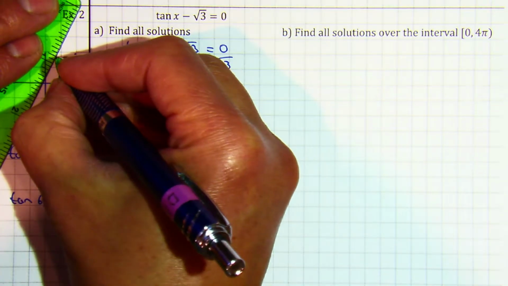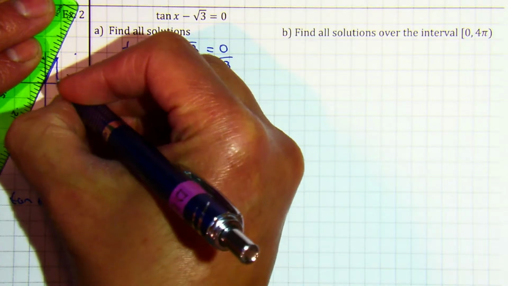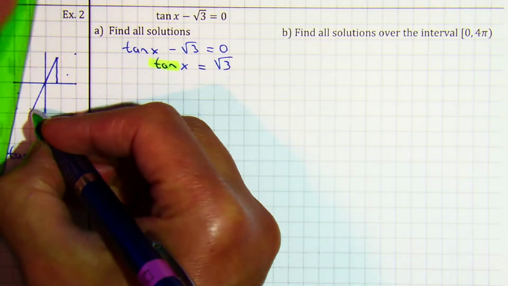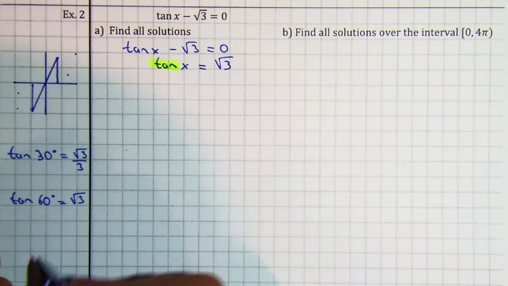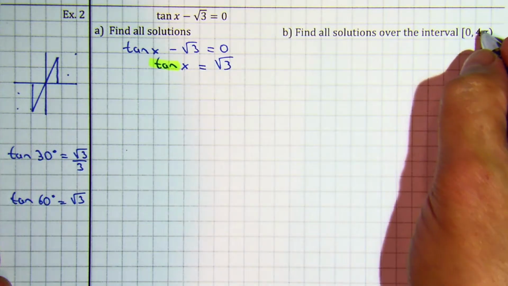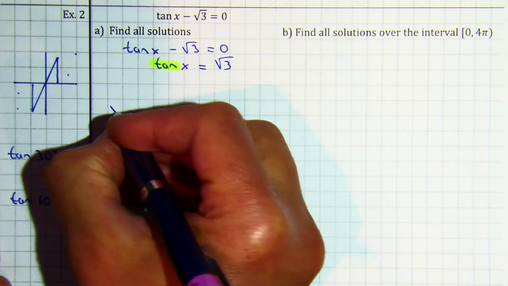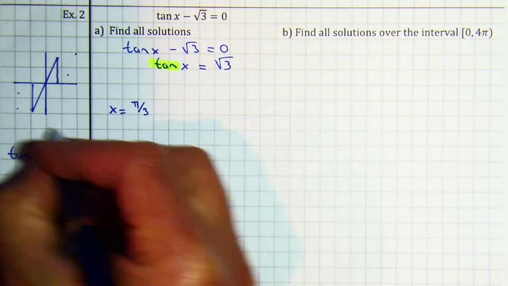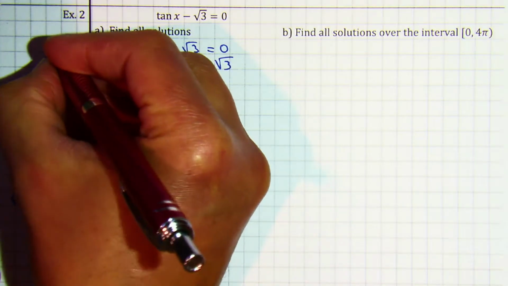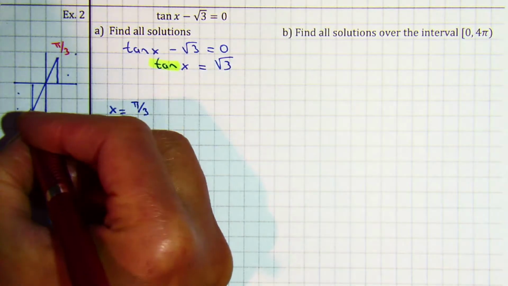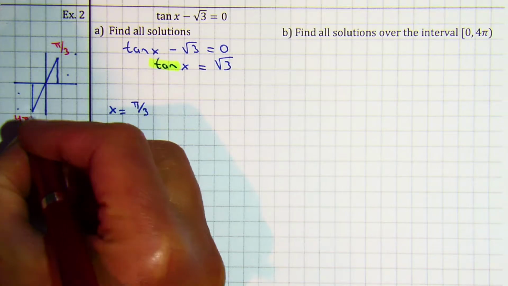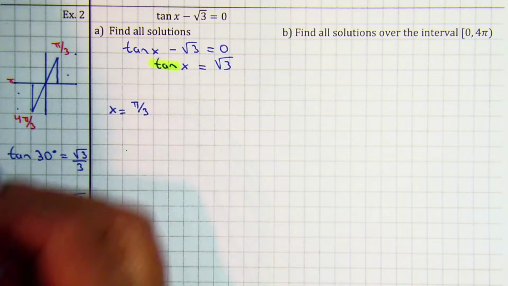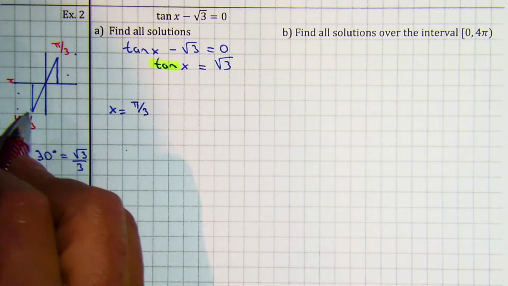So therefore, it will be here and over here. So 60 degrees, but we're working with radians. So therefore, x equals pi over 3. So this is pi over 3. And this one is 4 pi over 3. Remember, this is pi, which is 3/3, and 1 more third gives me 4/3.